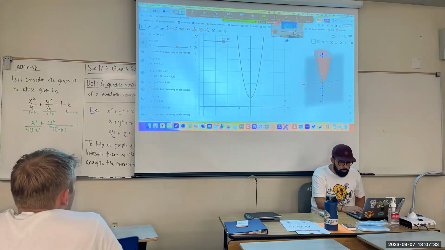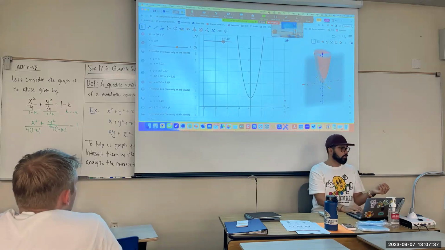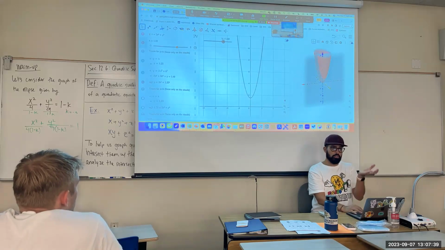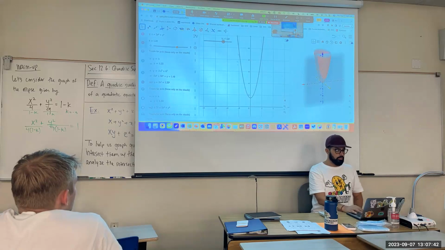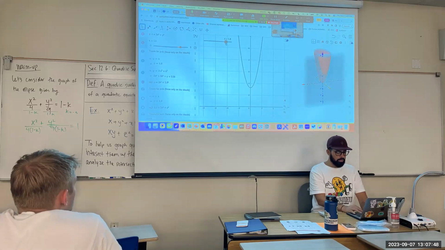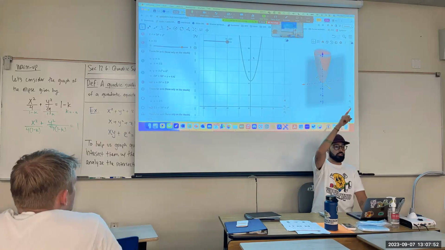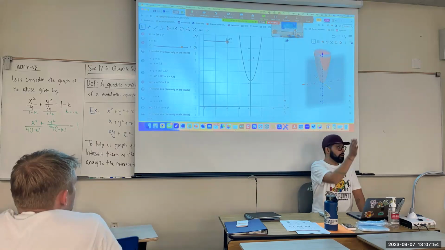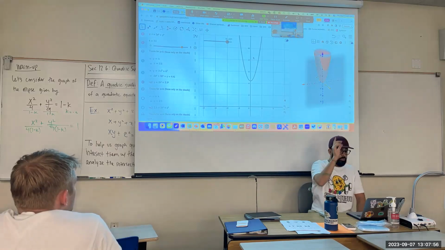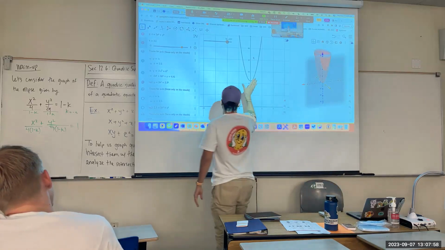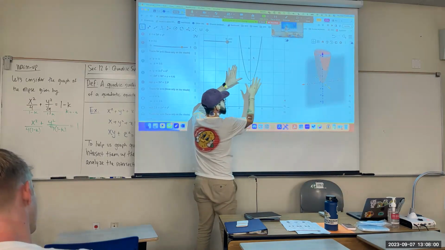Notice if I move it a little bit up, do you guys see this parabola right here? Is the vertex still at the origin? No, it's a shifted up parabola, right? That's this parabola that's shifted over here. So as y is increasing, those parabolic intersection curves are going up. But here's the part that's going to be hard. We're going to do this in 2D on a piece of paper.